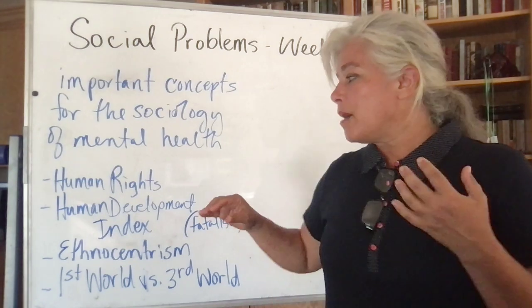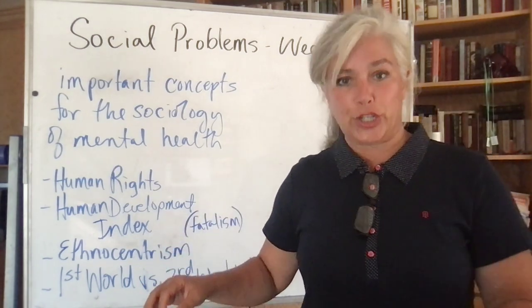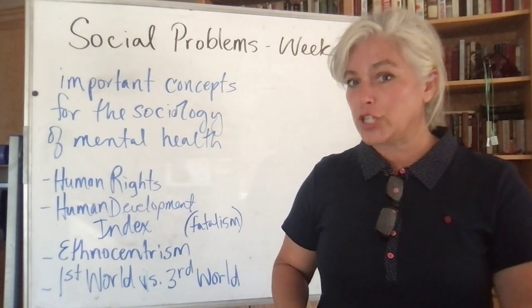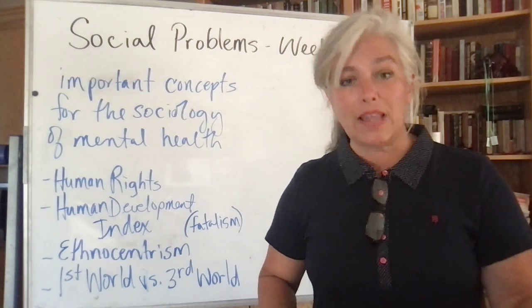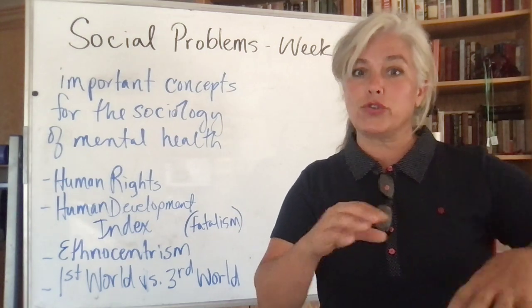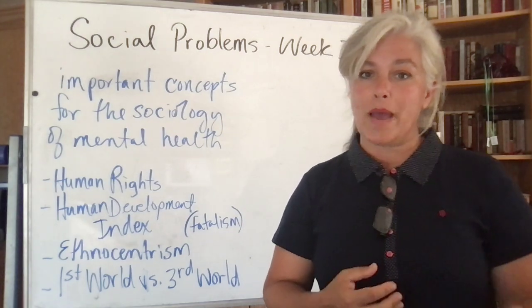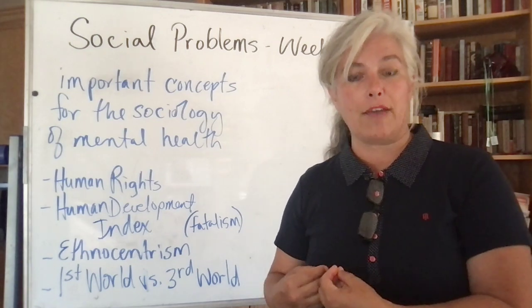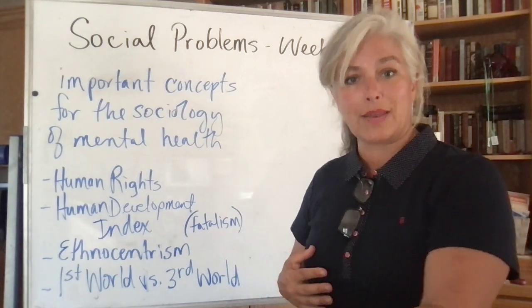So there are some Human Development Index issues like lifespan or life expectancy, education level, and standard of living that are measured. Those are the three main categories that are measured in making a comparison of style of life from one place in the world to the next.